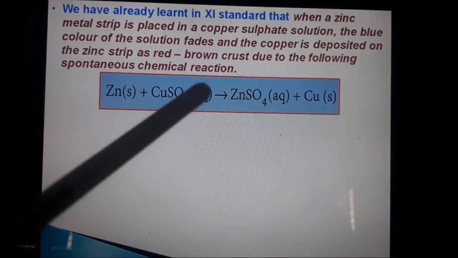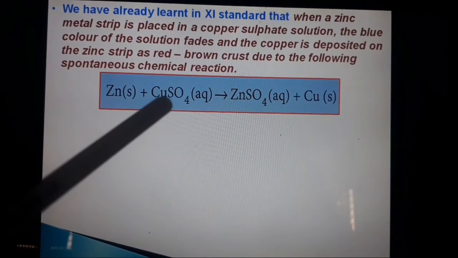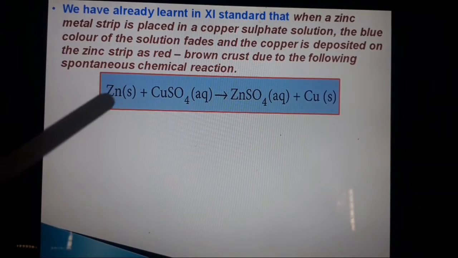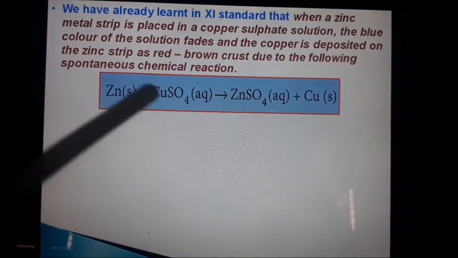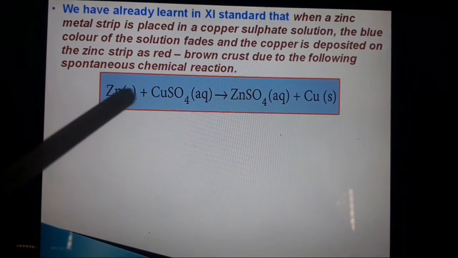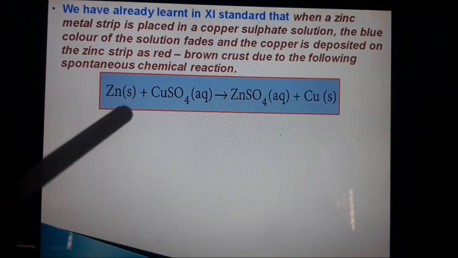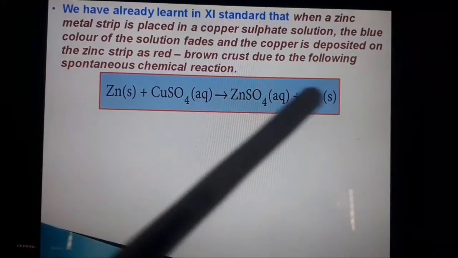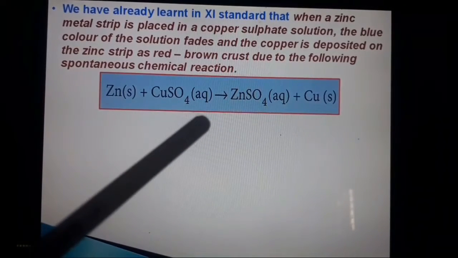Zinc releases the electrons and copper ions accept the electrons. So oxidation and reduction occur simultaneously. We get zinc sulfate and copper deposited on the zinc strip. This is the basic principle.